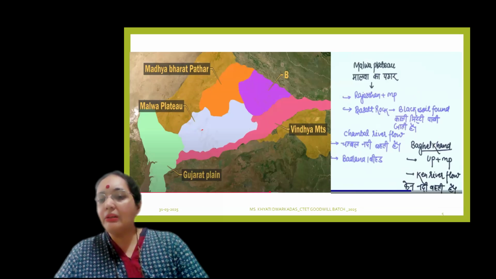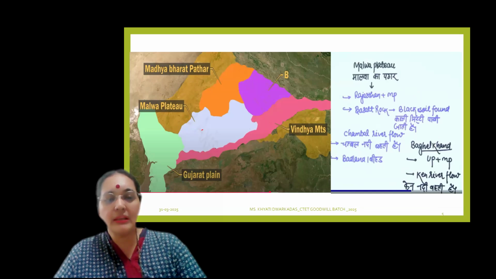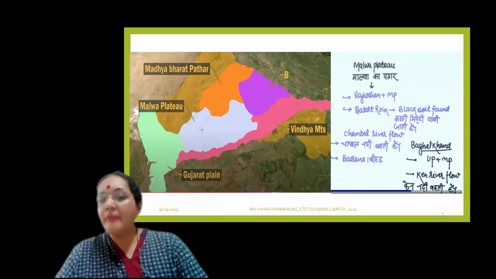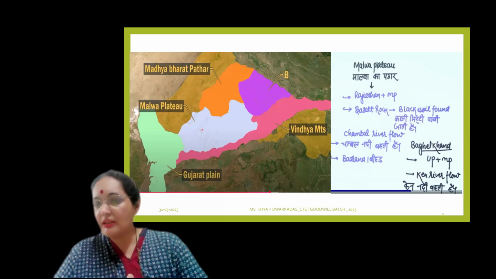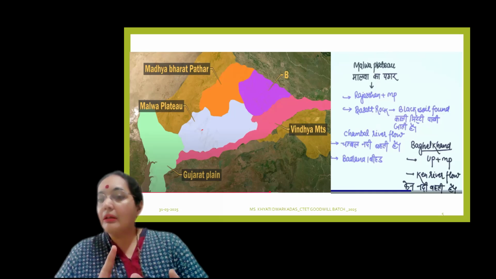Then we come down between Rajasthan and Madhya Pradesh, and we talk about the Malwa Plateau, M-A-L-W-A. You can see it shown in light blue color over there. Now the Malwa Plateau is in parts of Rajasthan and Madhya Pradesh. One more time, a plateau made of basalt rock, having black soil.